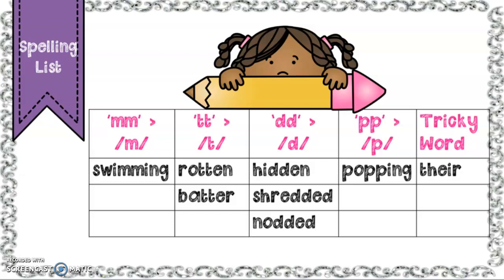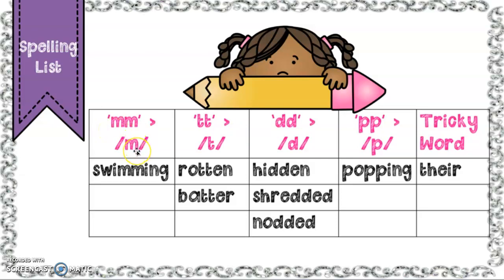I notice in each of these words, I see a double letter spelling. Do you see that? In each of these words, we have the double letter spelling. So if you remember back to Unit 5 when we talked about double letter spellings, we learned that if we have a consonant, like the letter M, or T, or D, or P, or most other consonants, if we double that letter, it usually will make the same sound.